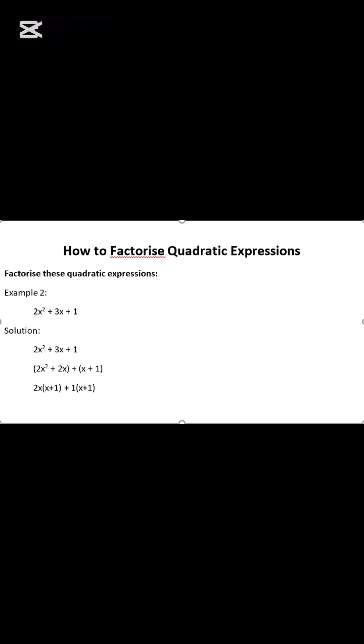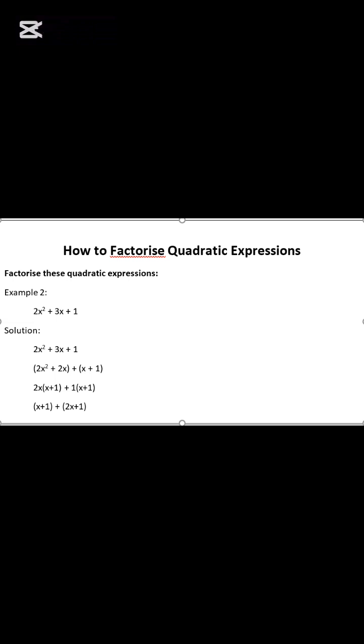So we have 1 into bracket x plus 1. Now you notice the common bracket x plus 1 from both groups. That's our green light. Factor it out and get x plus 1 into brackets 2x plus 1. So the factorization of 2x squared plus 3x plus 1 is x plus 1 into brackets 2x plus 1, and that's it.